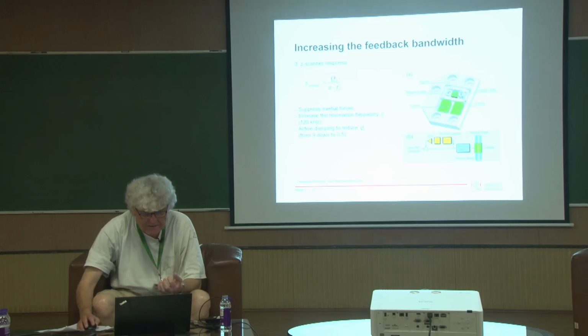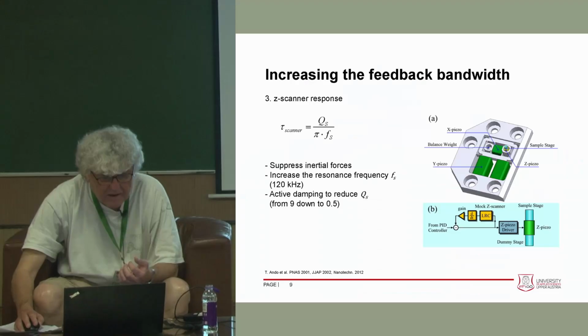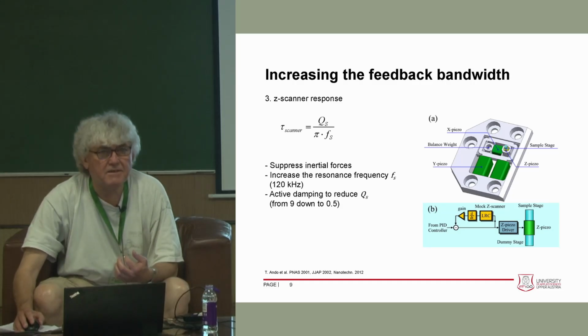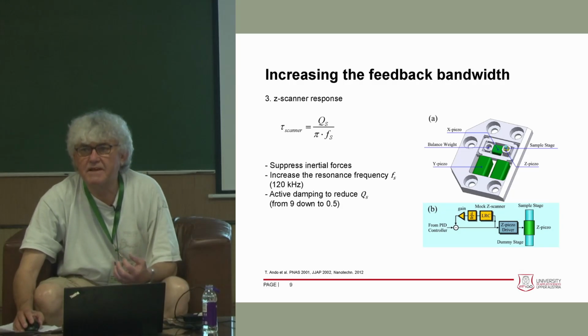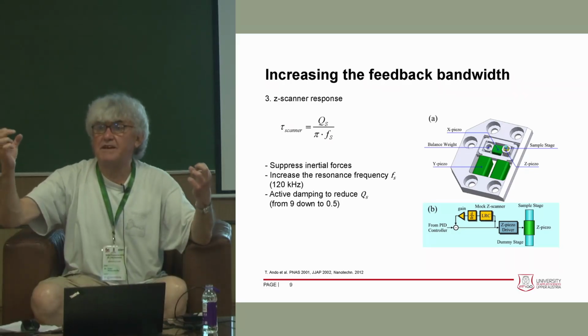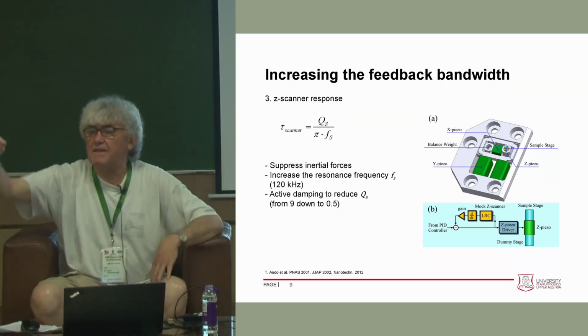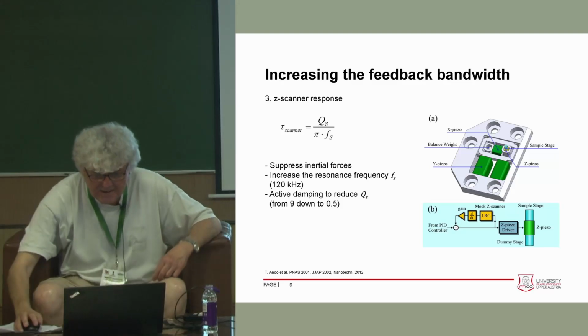And so this is the scanner that was developed here. You see the scheme here, to suppress inertial forces and also increase the resonance frequency. So resonance frequency, and it's a very small scanner, of course. Otherwise you cannot have this high, and that means also that the sample plate is small.